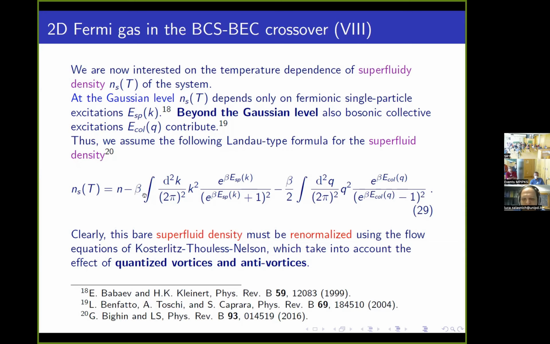Again, the superfluid density given by this equation 29 is the bare superfluid density, and if you want to take into account also the formation of quantized vortices, it must be renormalized to get the renormalized superfluid density. And again, one can use the Kosterlitz-Thouless-Nelson renormalization group equations.